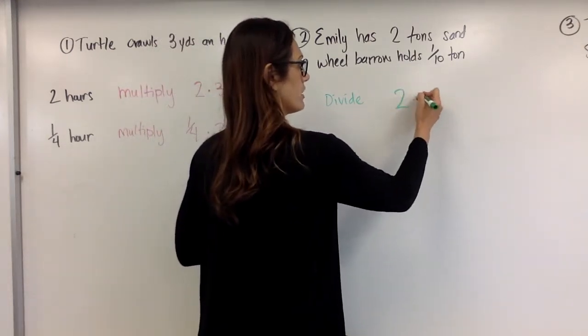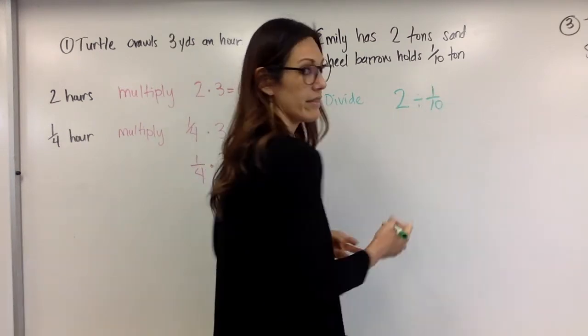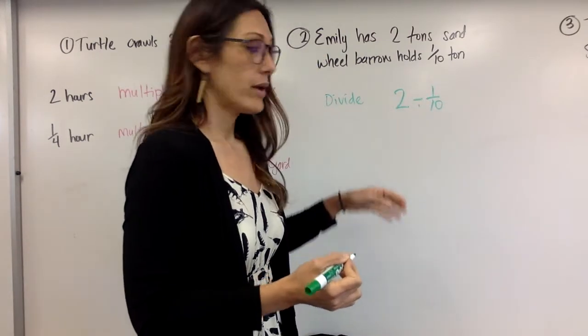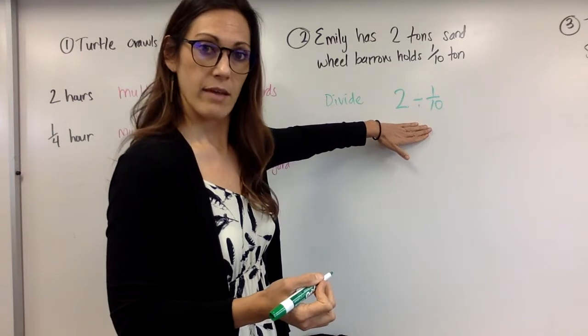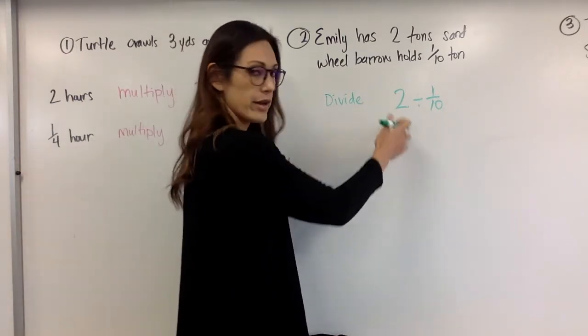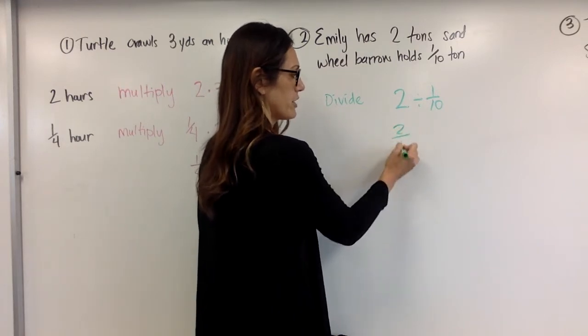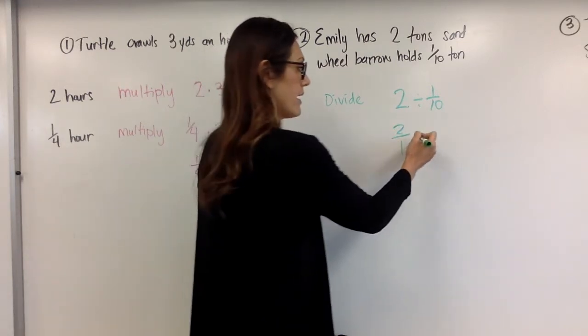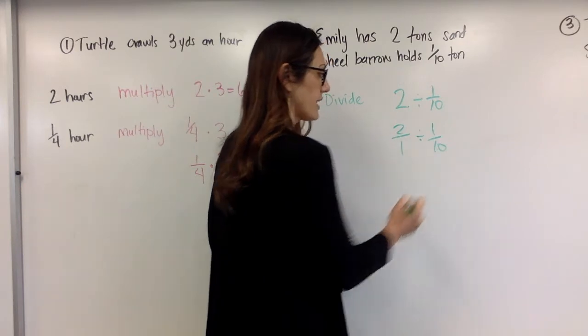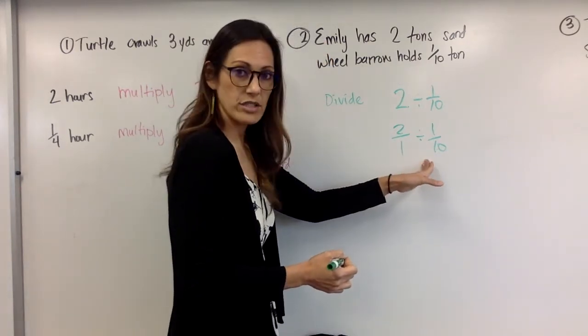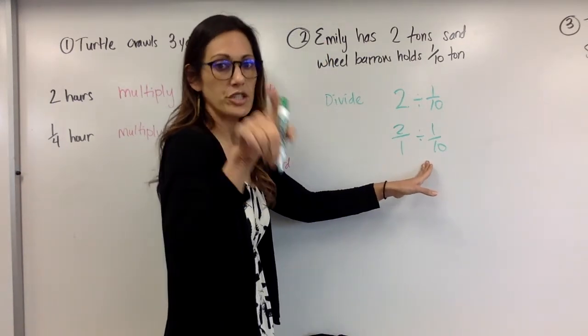So 2 divided by 1/10. And you remember, when we divide and multiply fractions, we always have numerator over denominator and numerator over denominator. So that's the first thing I'm going to do, is put my 2 over 1. Okay. The second thing I'm going to do, because I'm dividing fractions, is I'm going to think about keep, change, flip.